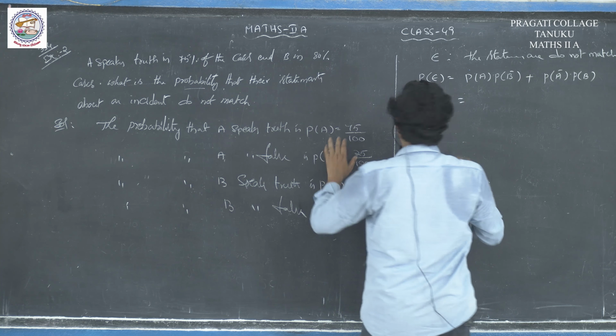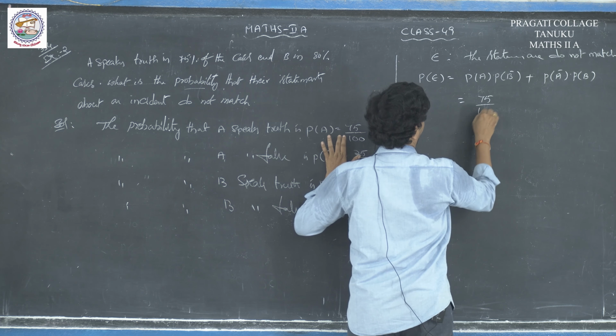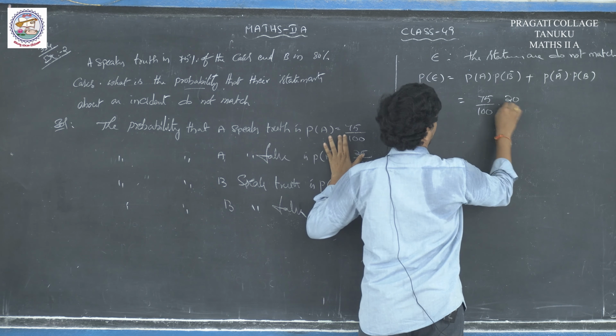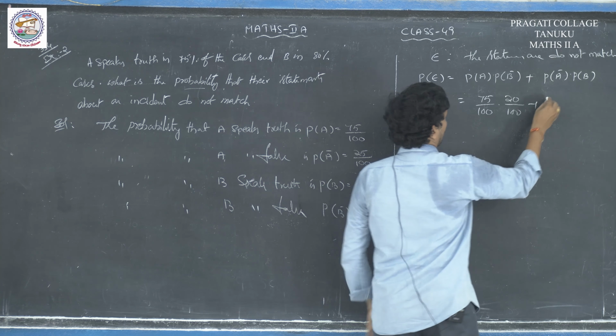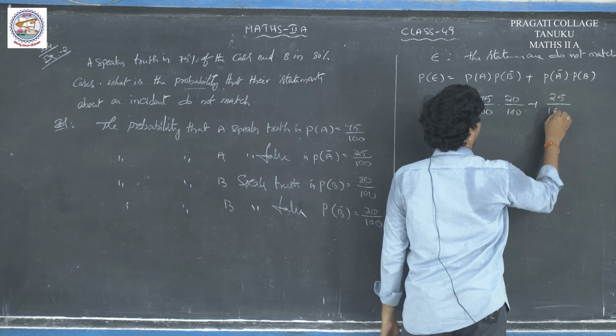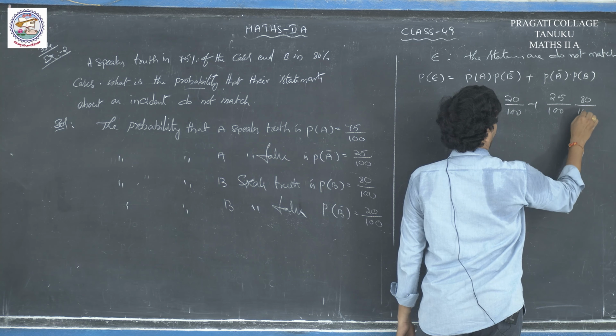P of A means 75 by 100, P of B bar is 20 by 100, P of A bar is 25 by 100 and P of B means 80 by 100.